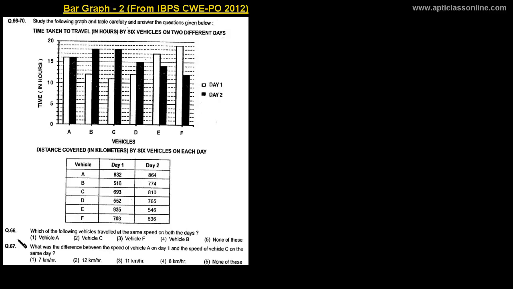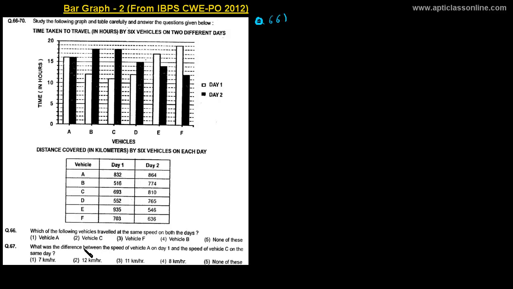Let's first start with the first question, question number 66, which says: which of the following vehicles traveled at the same speed on both the days. Below, 5 options are given: vehicle A, vehicle C, vehicle F, vehicle B, or none of these.